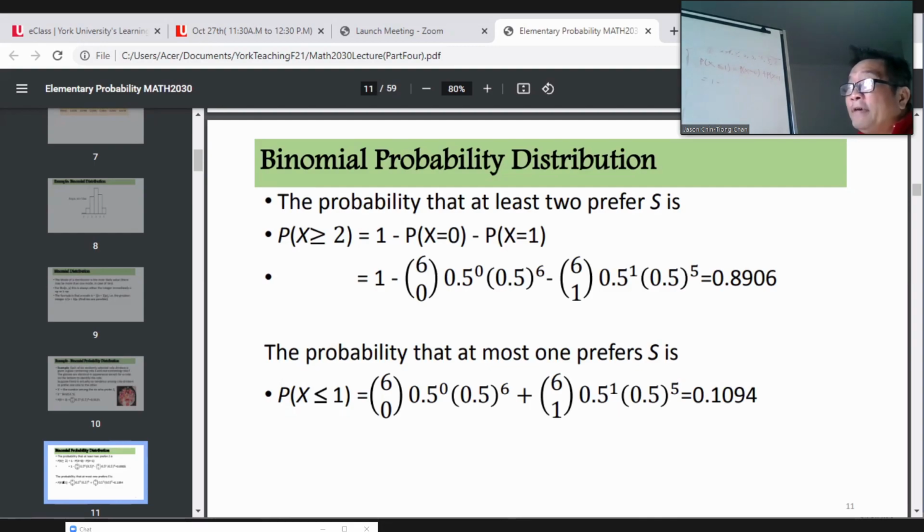If I insist on using complement for this question, what should I put here? 2, 3, 4, 5, 6. Yes. Minus x equal to 2, minus x equal to 3, minus x equal to 4, minus x equal to 5, minus x equal to 6. You can get the answer.